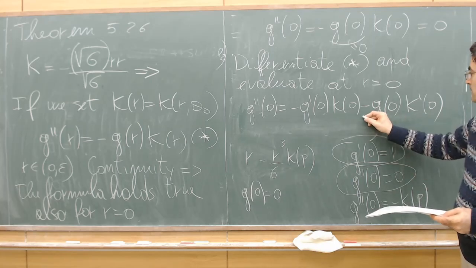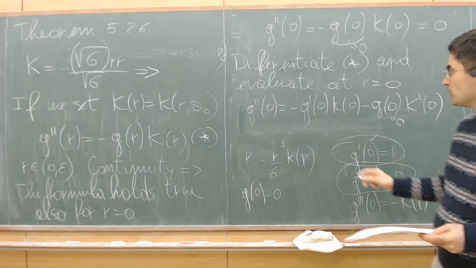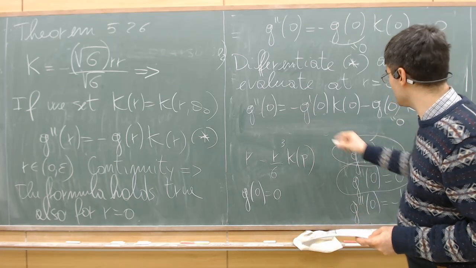The second summand is 0 because this is 0, and g prime at 0 is equal to 1.